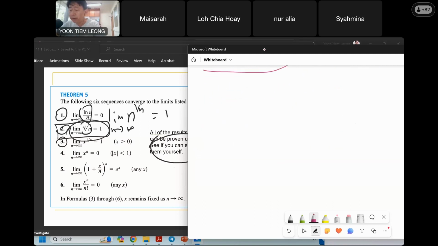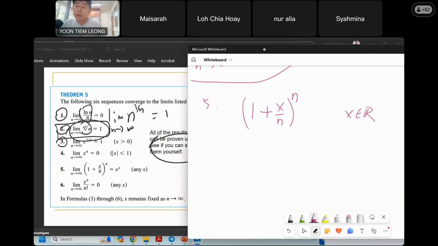Then you also have item 5 in theorem 5, which says if you have the sequence 1 plus x over n raised to the power of n. This is another type of sequence which is very, very important as well. Here, x is any real number.